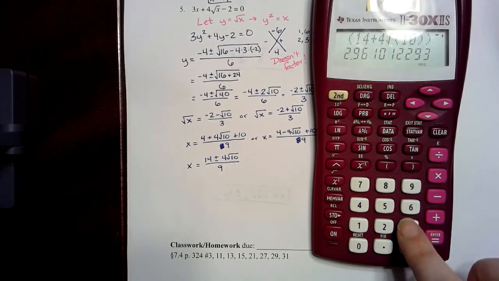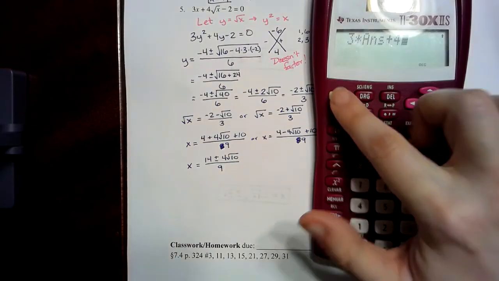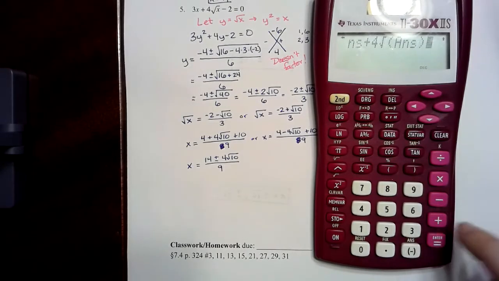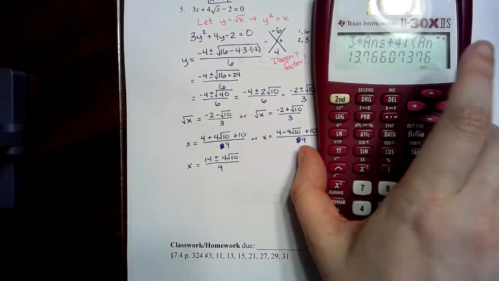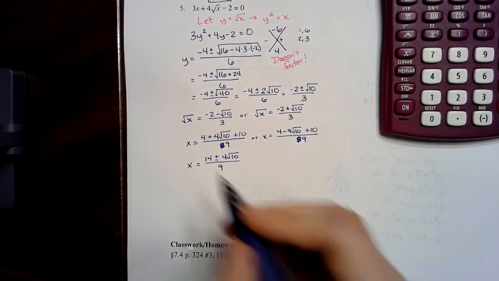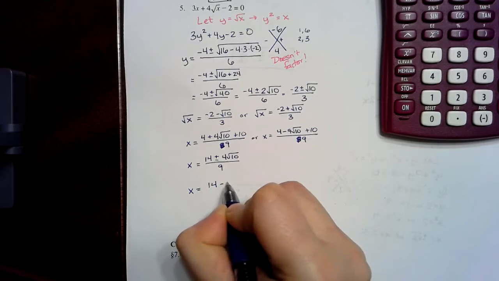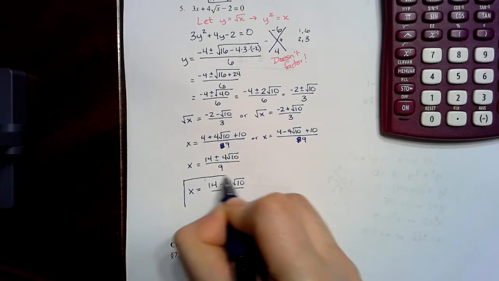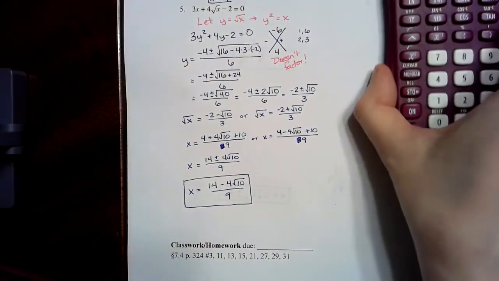And then I will do 3 times that answer plus 4 roots of that answer minus 2 does not get me 0. So what have I learned? The correct answer here is the one with minus. And that is the final answer.